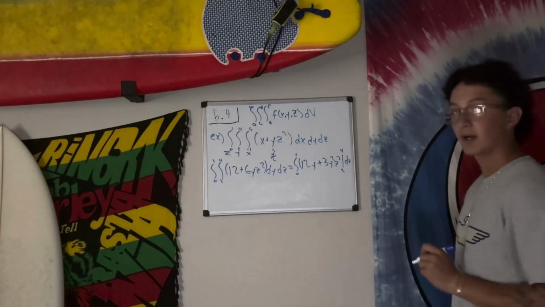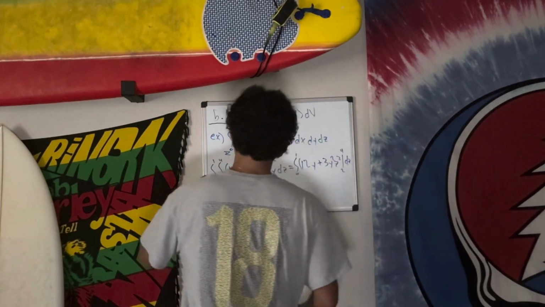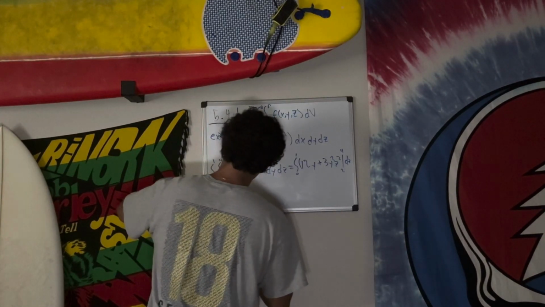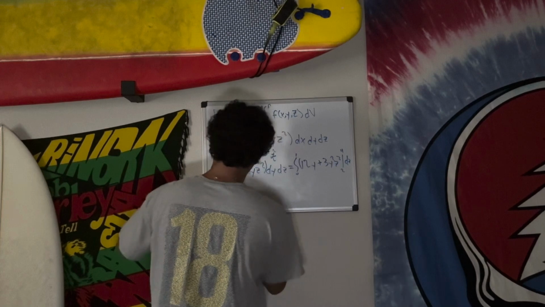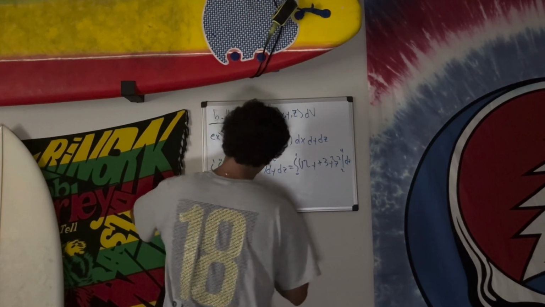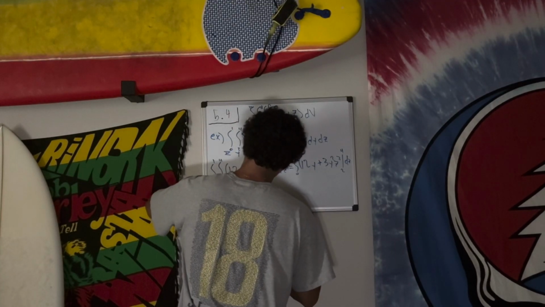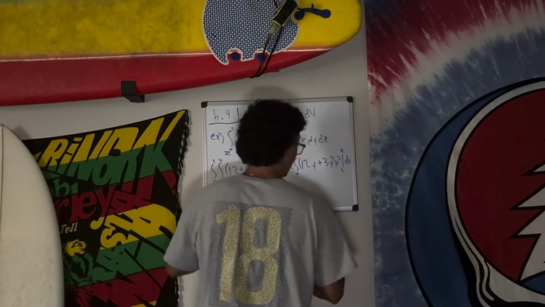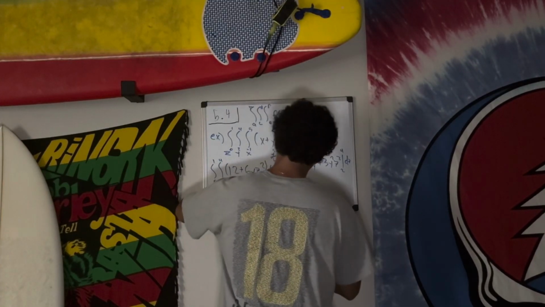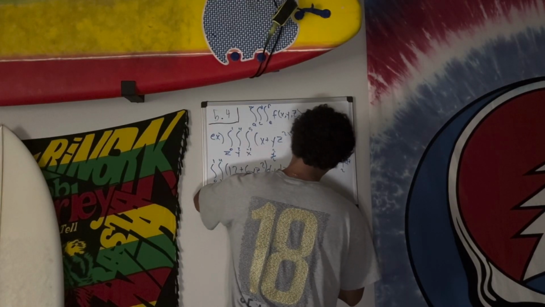Now we have to solve this out, and anywhere we see a y, we plug in 4 and 2, okay? So we get 12 times 4 plus 3 times 4 squared z squared minus 12 times 2 plus 3 times 2 squared z squared.